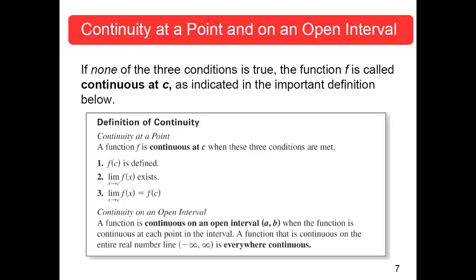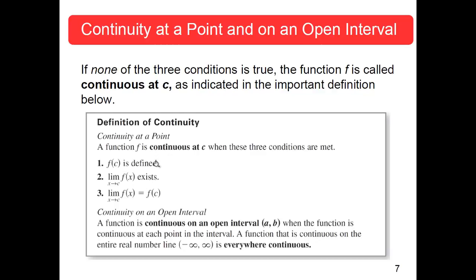Here is what we want to happen in order for continuity to be there. So we want a function to be defined at a point. This is talking about just continuity at a point c. We need f of c to be defined. We need the limit as x approaches c to exist. And we want these two things to be equal.